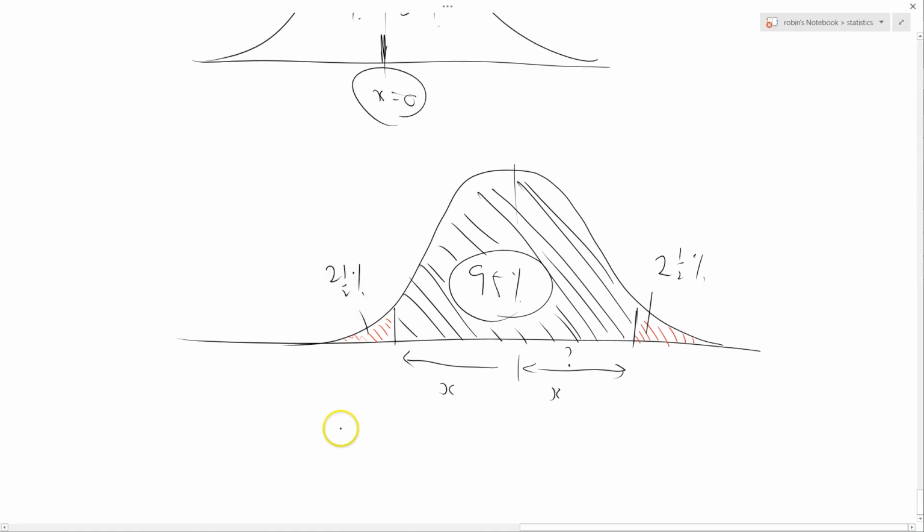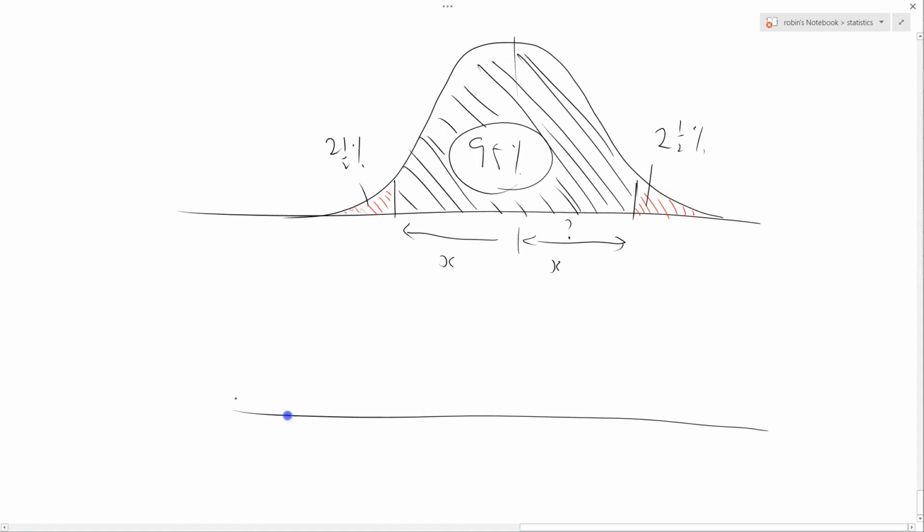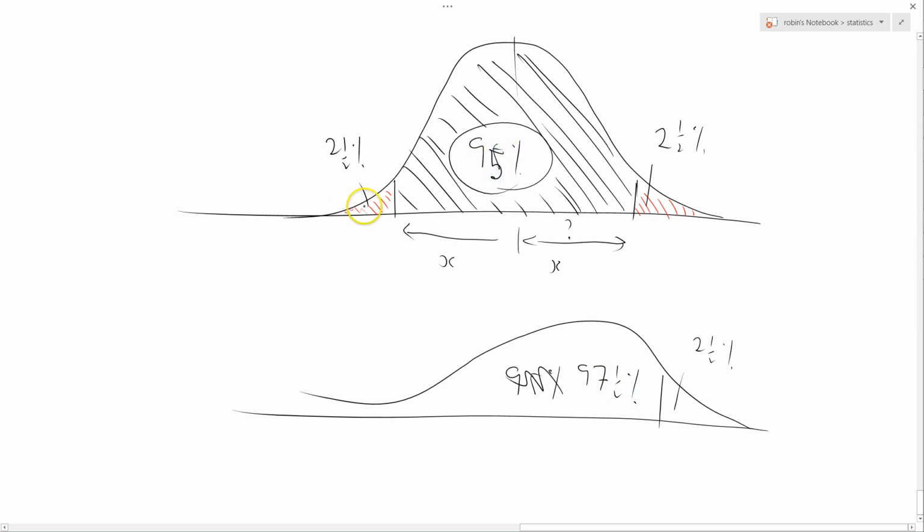So let me just redraw that picture. Oh, it's not very neat, is it? Never mind, you get the idea. So that's going to be 2.5% there. And this one is not 95, it's 97.5%. Why 97.5? Because we've got this 95 here, plus that other 2.5.